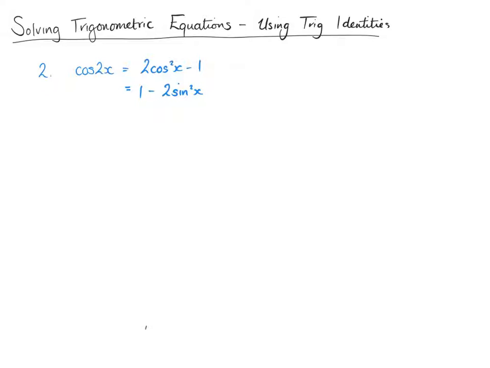The third identity isn't going to be helpful for solving these trigonometric equations because we need to have it all in one type of trigonometric function, so either all cos or all sine. So having the cos squared minus sine squared isn't going to help us here.